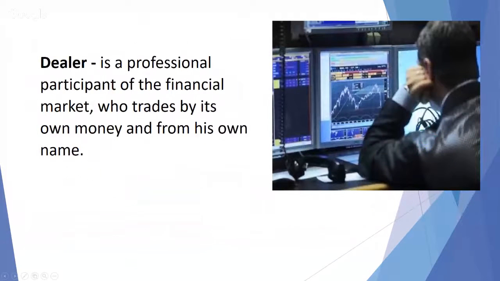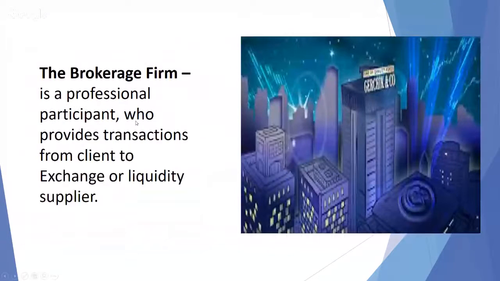A dealer is a professional participant of the financial market who trades with his own money and in his own name. The brokerage firm is a professional participant who provides transactions from client to exchange or to liquidity supplier.